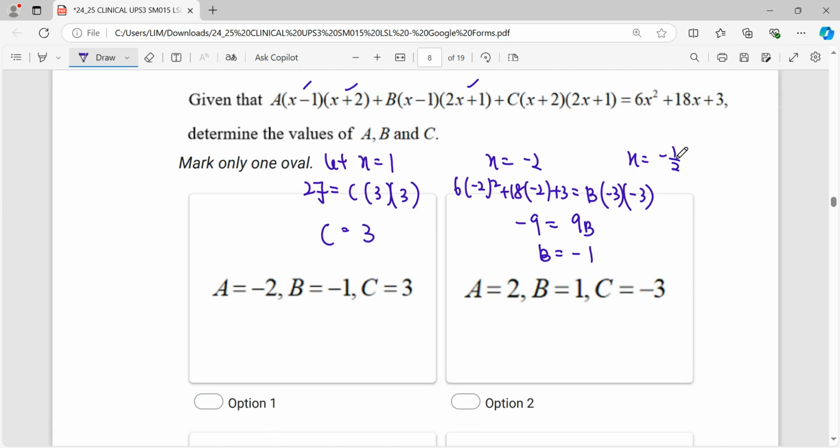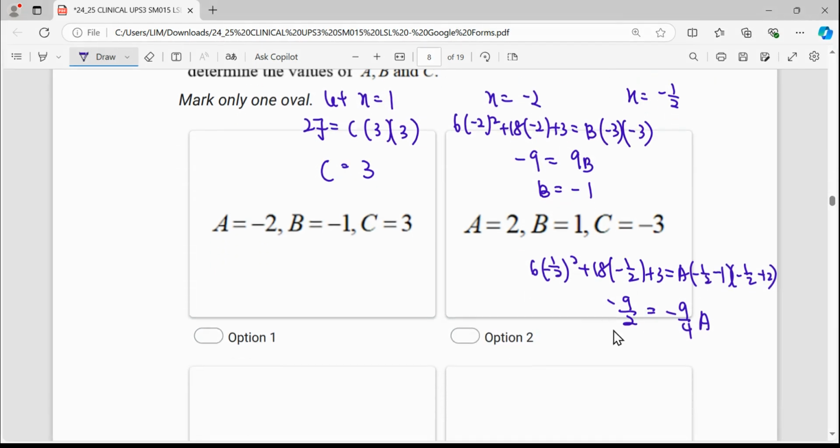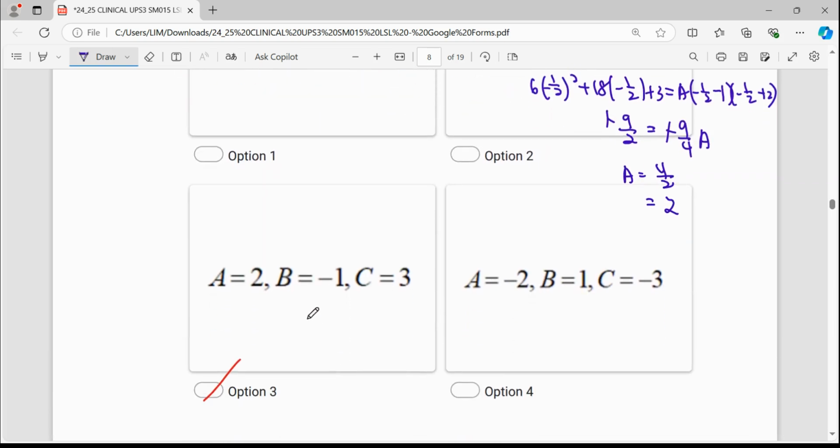So when x equals negative 1 over 2, we substitute and see, finding our a. So our a will be 4 over 2, negative, negative simplify. So a will be positive 2. Therefore, we have this option.